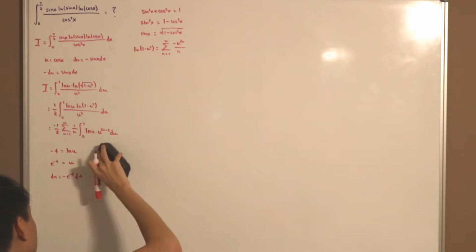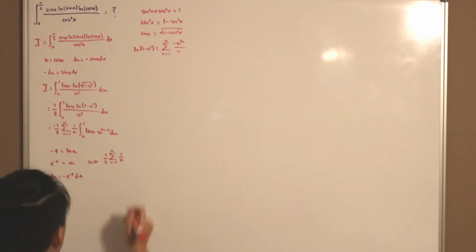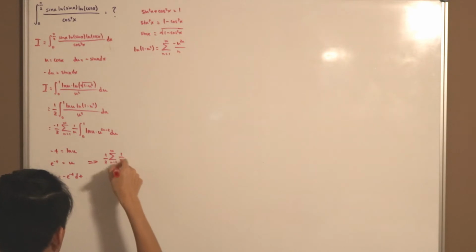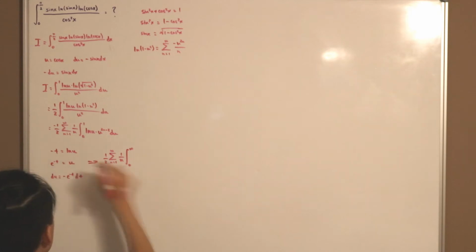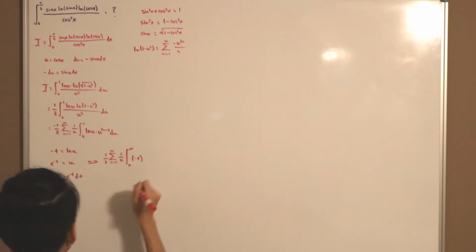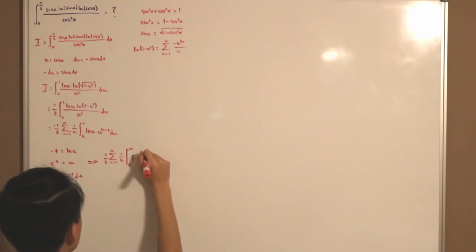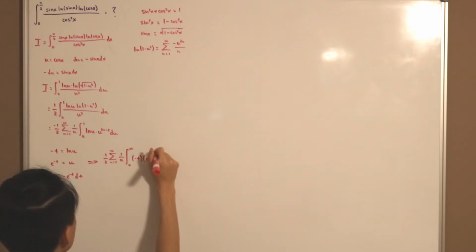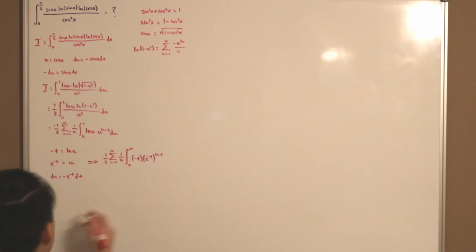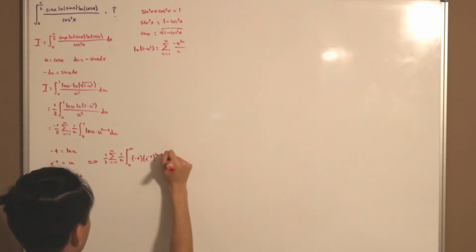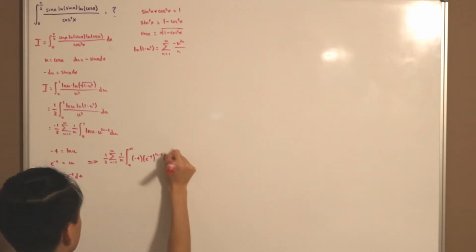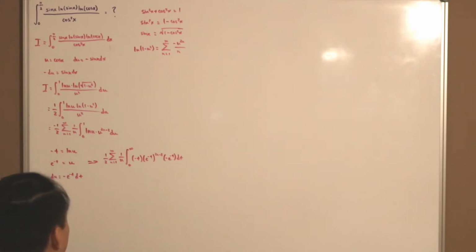We have a positive sign now, so it's just positive 1/2 sigma n equals 1 to infinity, then the integral from 0 to infinity of negative t, multiplied by our u, so it's e to the negative t raised to the 2n minus 2, and then negative e to the negative t dt. And these signs will cancel out, so it'll just be positive.